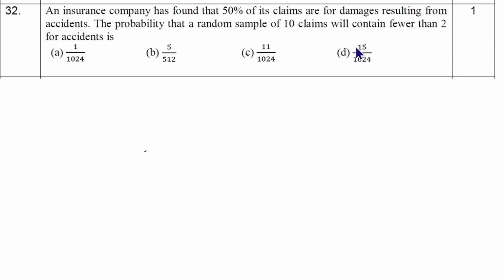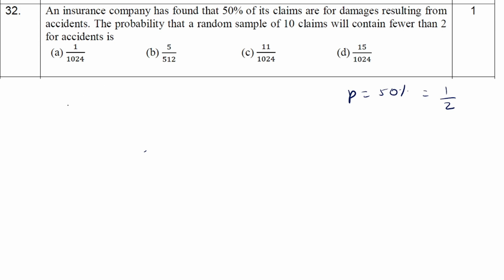Here we have the insurance company has found that 50% of its claims are for damages resulting from accidents. So if we consider the random variable x as the claims for damages resulting from accidents, then P is equal to 50%, or it is equal to half. Now we have to find the probability that a random sample of 10 claims will contain fewer than 2 for accidents.